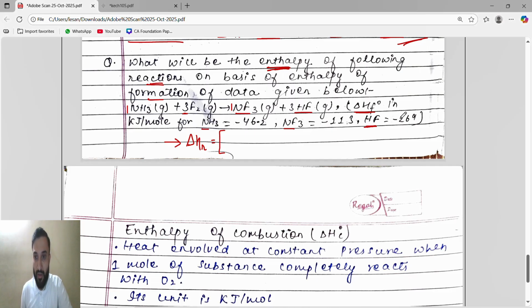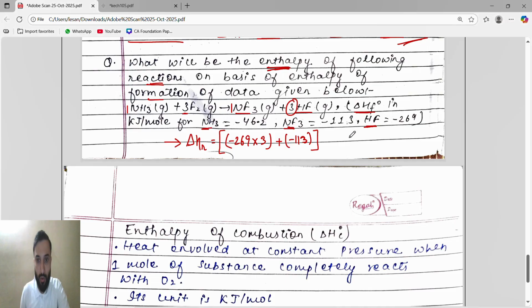HF is minus 269 into its coefficient, which is 3. Then in the product next is NF3, plus minus 113. The coefficient is 1, so multiplying with 1 we get the same.